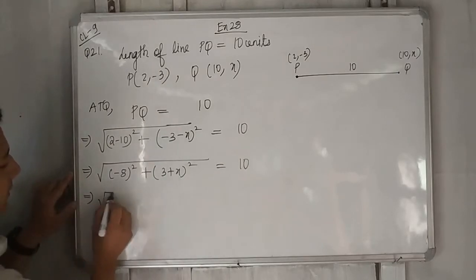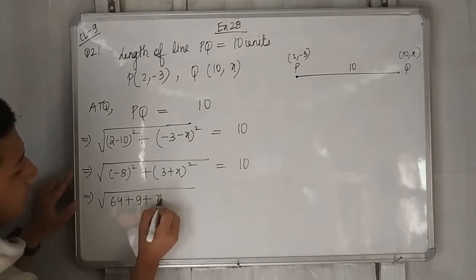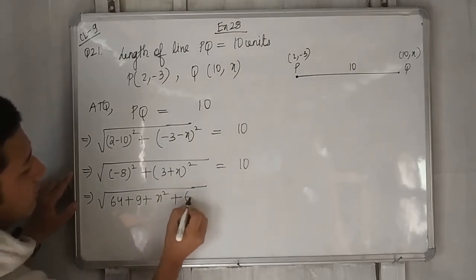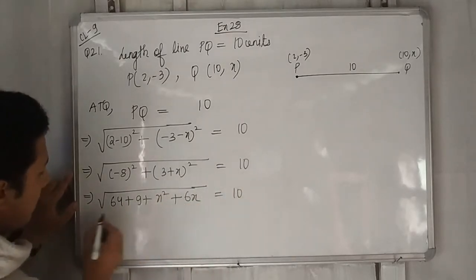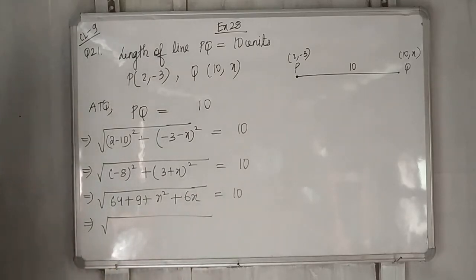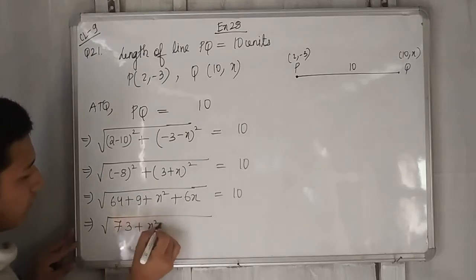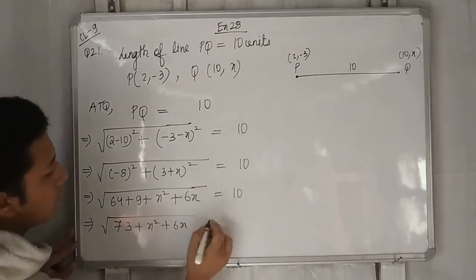Therefore 8 8s are 64, plus a square plus b square plus 2ab means 6x is equal to 10, and therefore 64 plus 9 is 73. Right, 73 plus x square plus 6x is equal to 10.